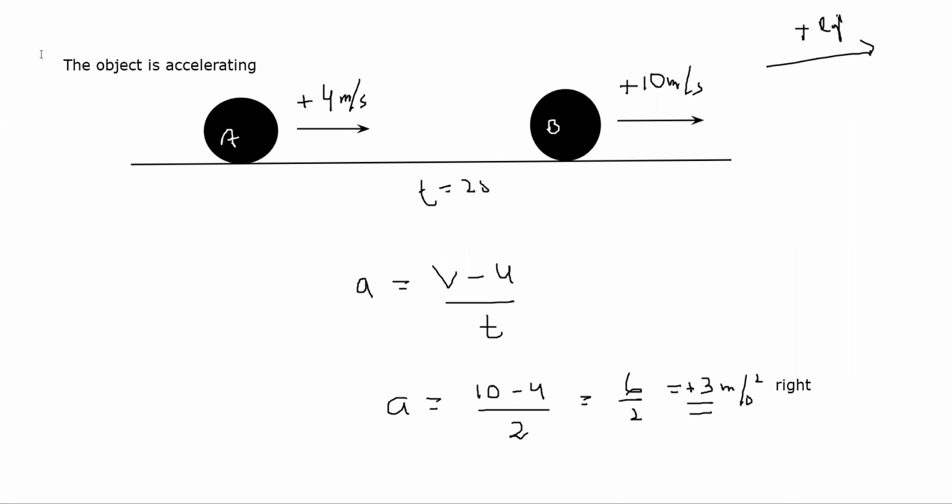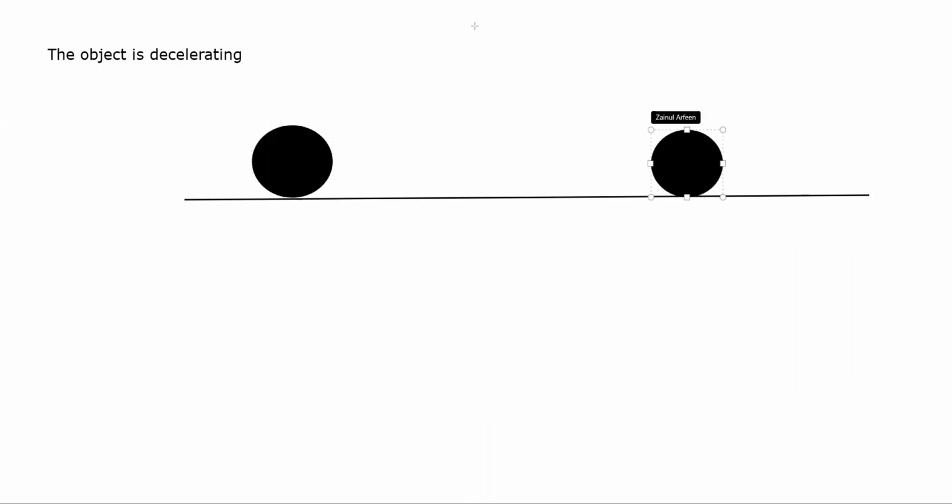If the object is decelerating, or the speed of the object is decreasing, so the object was moving with 15 meter per second and its speed changes to 10 meter per second.